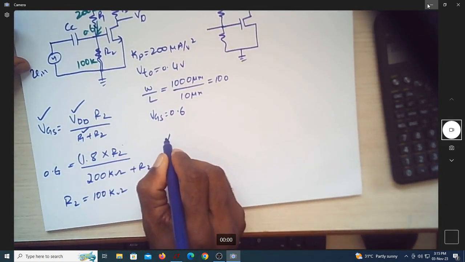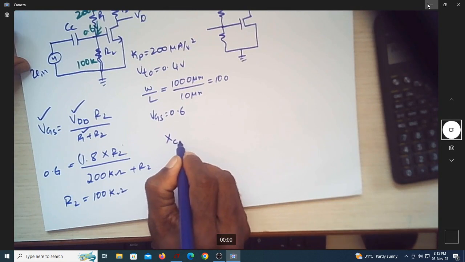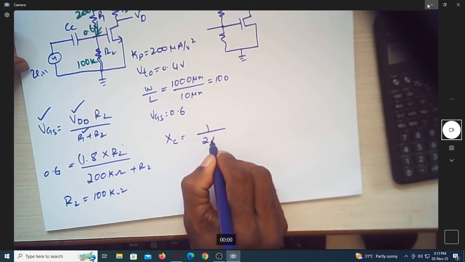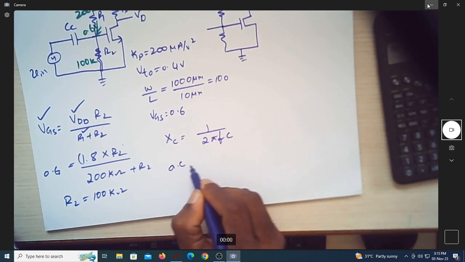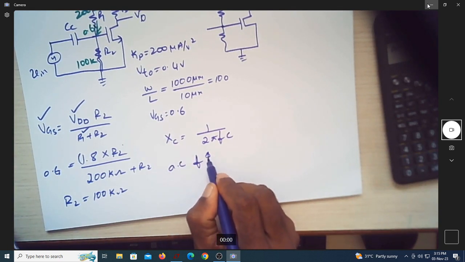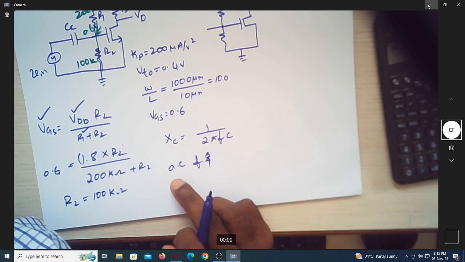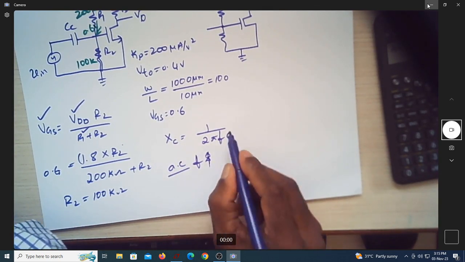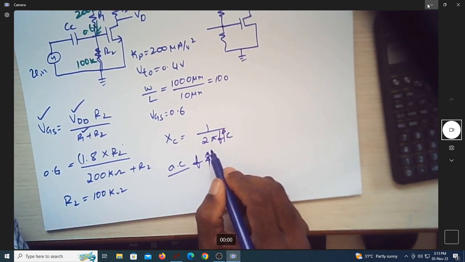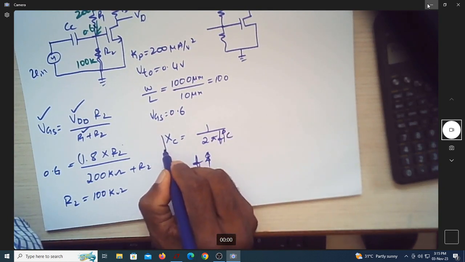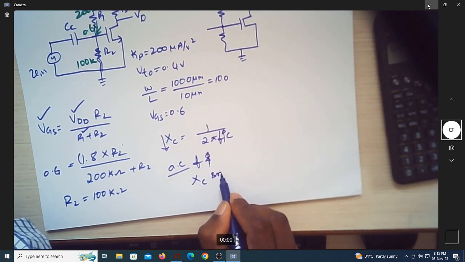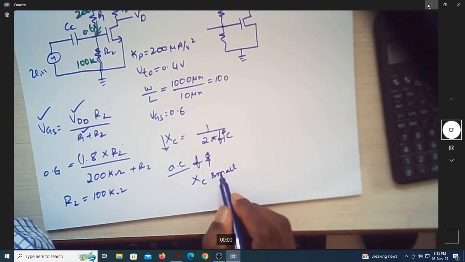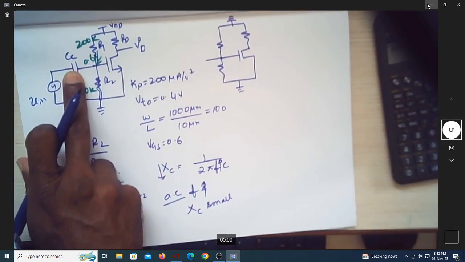explain that. What is the reactance of a capacitor? It is Xc is equal to 1 over 2 pi Fc. Usually for an AC signal, the frequency we are considering is very high. When the frequency is high, is this denominator very high? When the denominator is high, we know that Xc is very small. So what do you mean by Xc small? That is, the reactance offered by this capacitor is negligible.